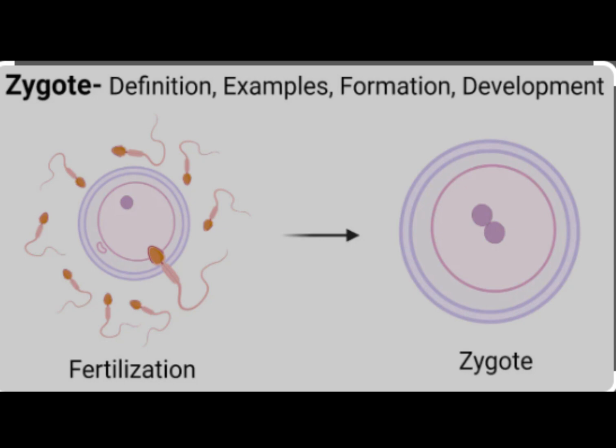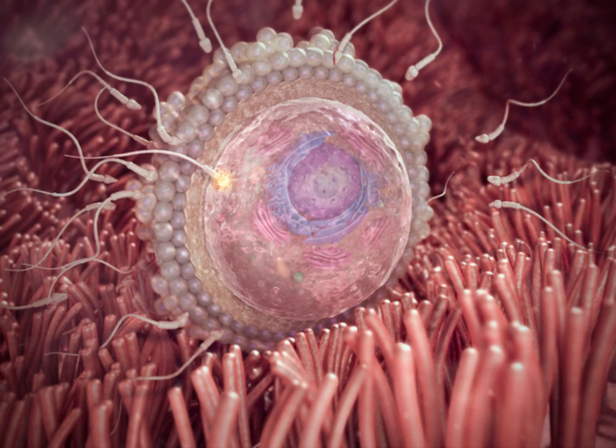Week 10. The arms, hands, fingers, feet, and toes are fully formed. No more webbed fingers.